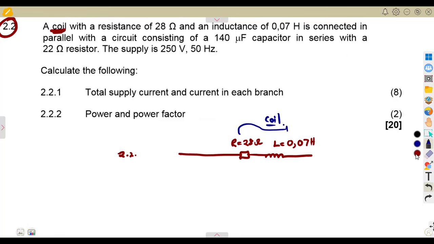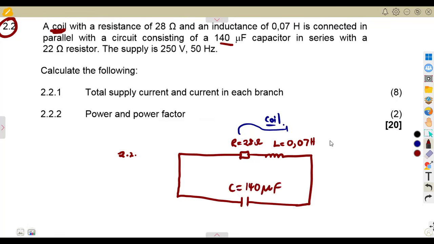This is connected in parallel with a circuit consisting of a capacitor. So where it is connected, it's a circuit consisting of a capacitor. You can even have the capacitor on top, it's up to you. So the capacitor is 140 microfarad. This is in series with a, all right, sorry for that.